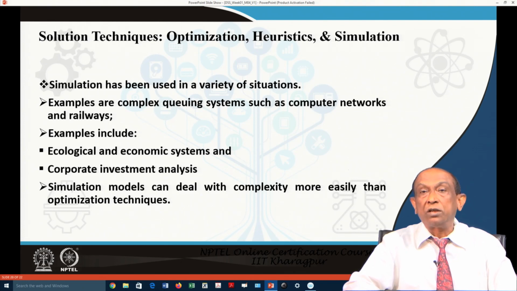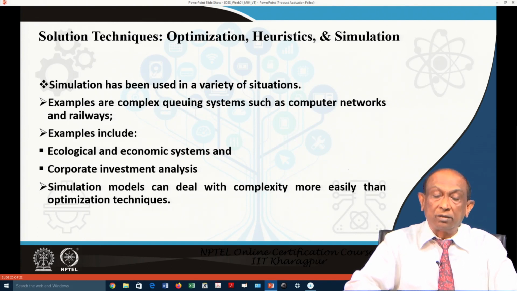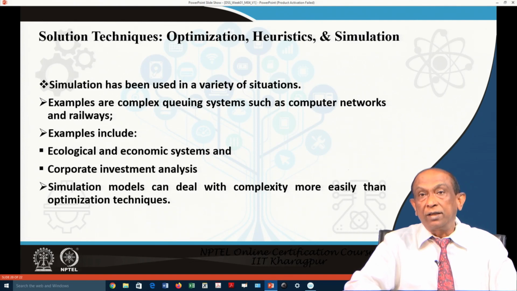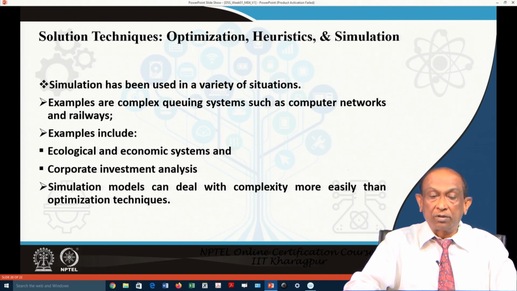The beauty of simulation techniques is that simulation models can deal with complexity more easily and in a less costly manner compared to the use of optimization techniques, and hence heuristics and simulation are very popular in designing decision support systems.